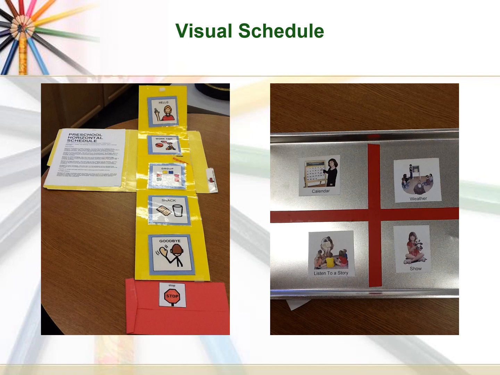This is just made on a cookie tray from the dollar store with some physical boundaries, some red tape in quadrants. And after the class would discuss calendar, the child would take that off. This is on magnetic paper. And then he would be cued to look at the next thing that the class was going to do. And this helped this child really stay and participate and be a part of circle time, morning circle.